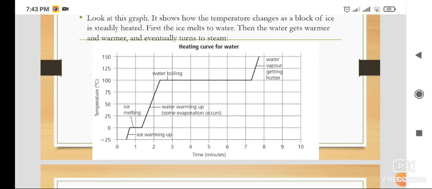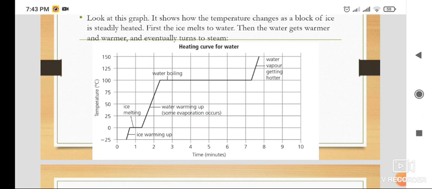You can see that at the melting point the temperature of the system does not increase, meaning at 0 degree centigrade solid ice will start changing into liquid water, and the temperature will not increase even though we are providing heat, because at the melting and boiling points the extra energy is used in changing state, not in increasing the temperature.